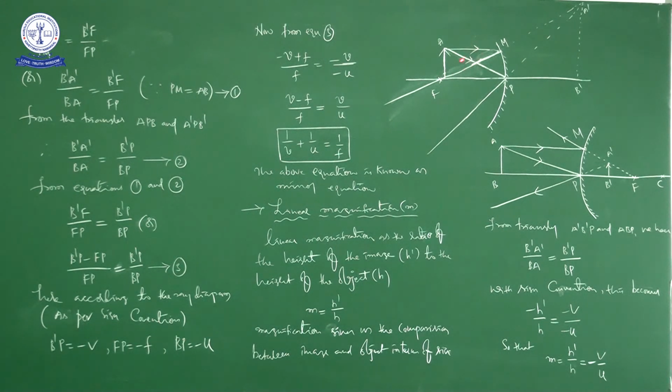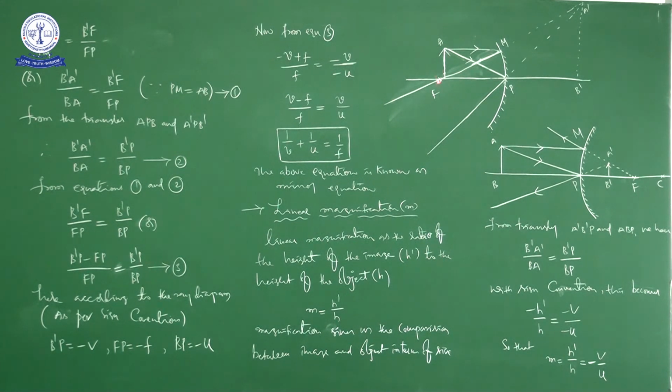Observe the scenario, how the image is formed in case of a concave mirror in this situation. See here, it is the focus, and the object is kept between pole and focus.